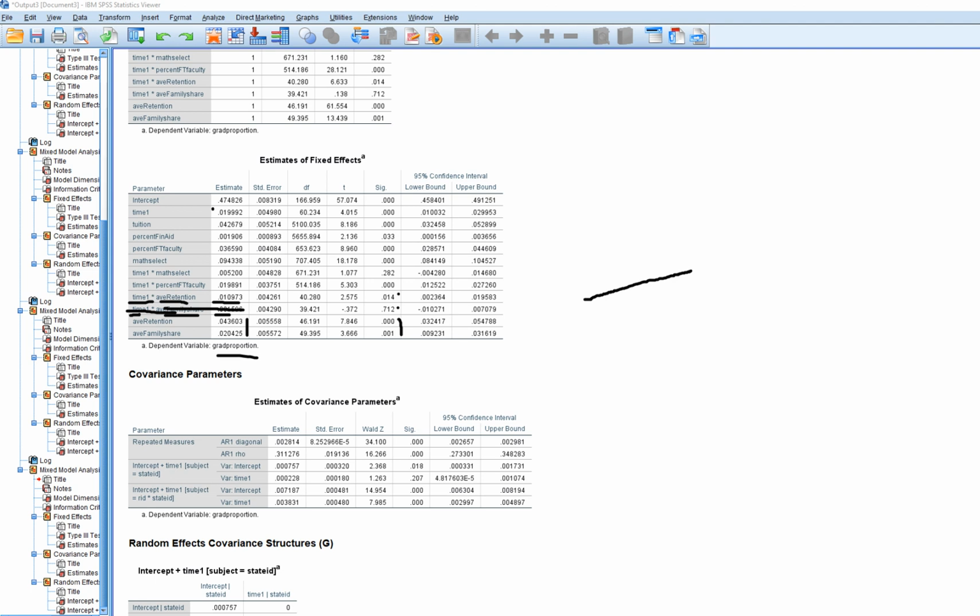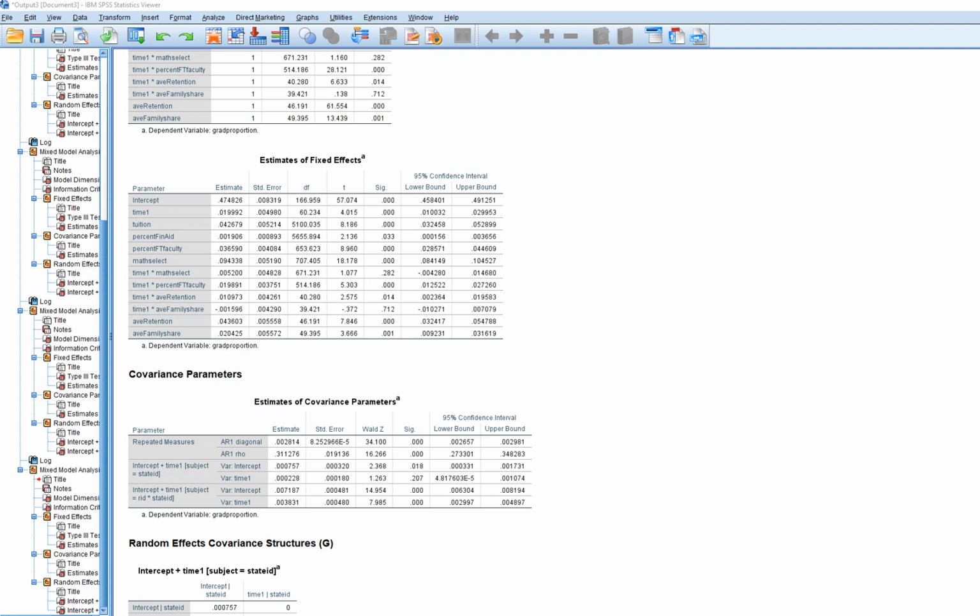And the effect of average retention of freshmen is positive, which just means that the slopes become more positive at higher levels of average retention. So when the average retention is greater, that's associated with the slope increasing as well. In other words, there's a more positive growth rate in those states where the average retention tends to be higher than in those states where it tends to be lower.